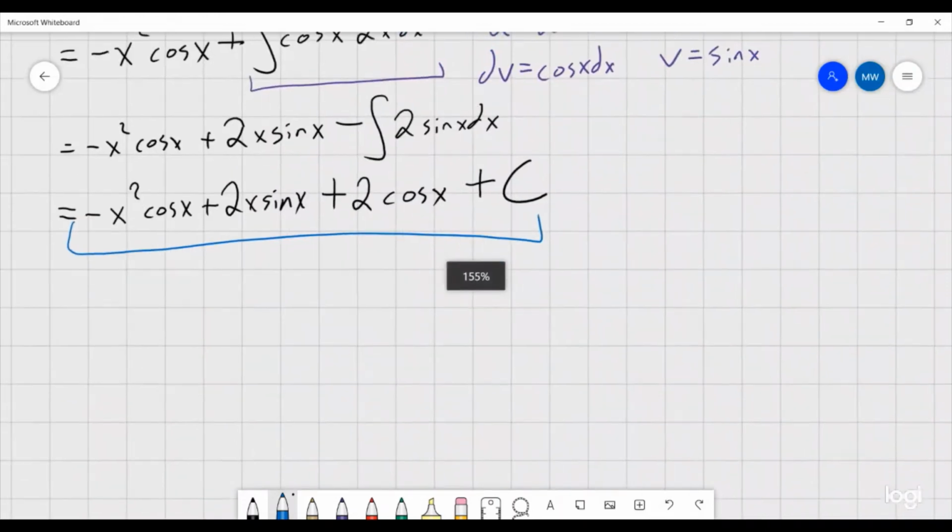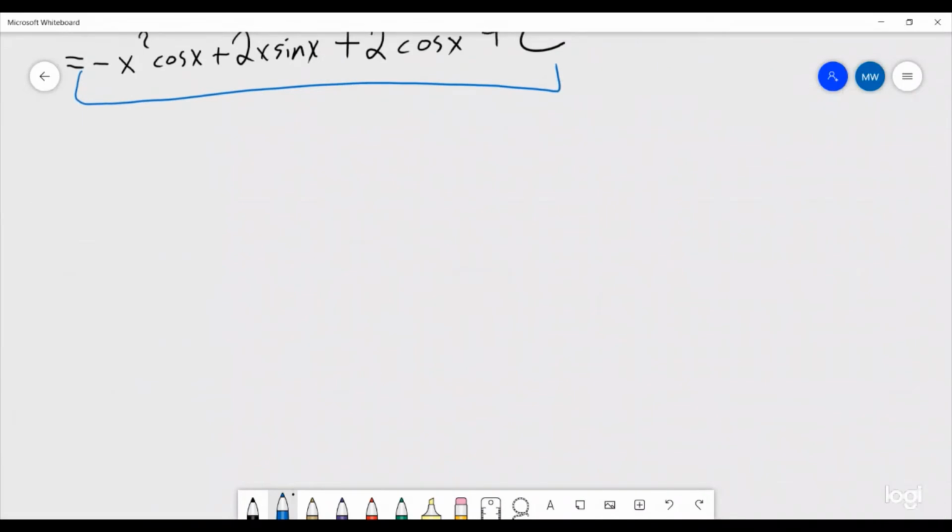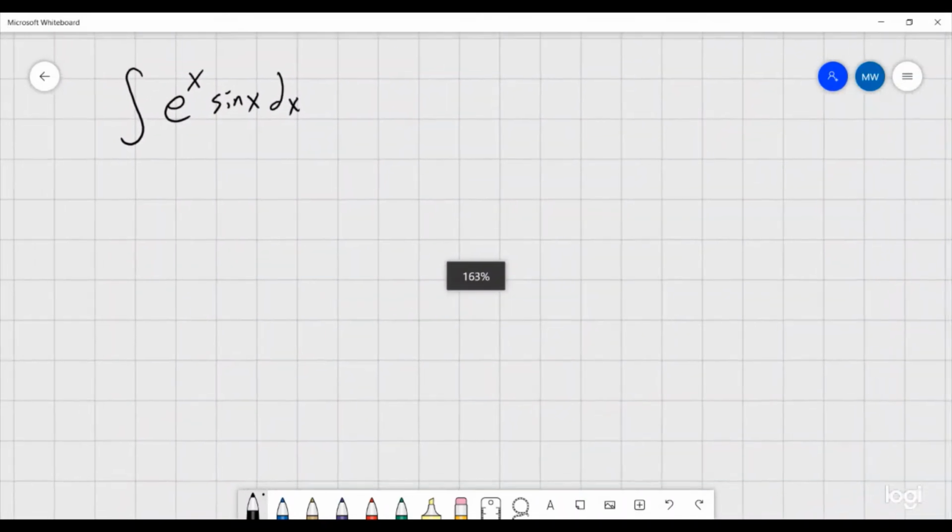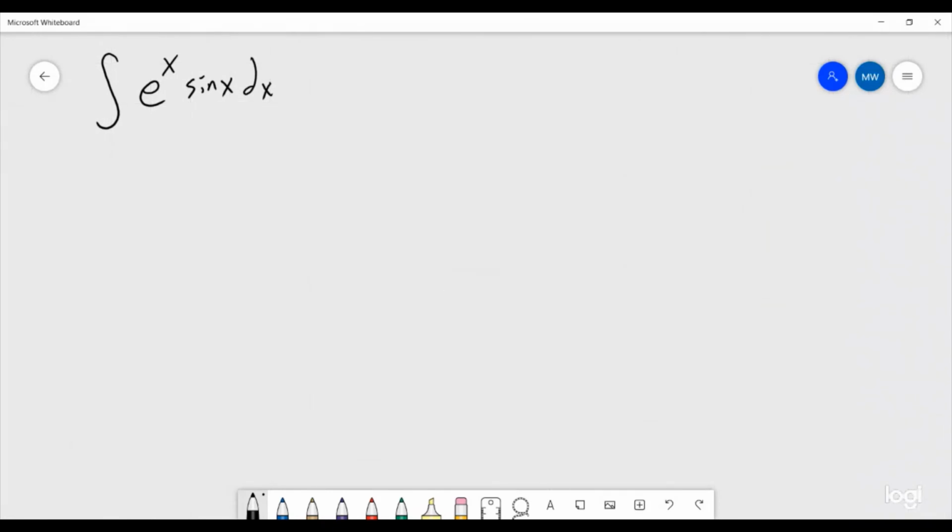For our last example, let's do the one that often confuses students the most. So let's look at the integral of e to the x sine x. This is an integral of a very common form where we have the exponential times either sine or cosine.